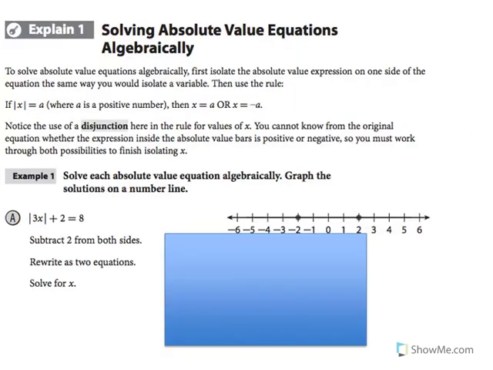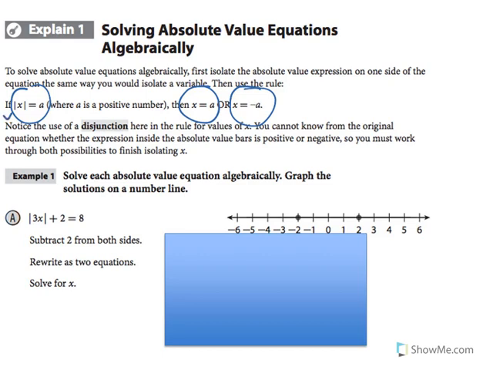Example 1, solving an absolute value equation algebraically. We need to solve for x. Remember that an absolute value will always get you two answers, either a positive a or a negative a. Start from this paragraph here.